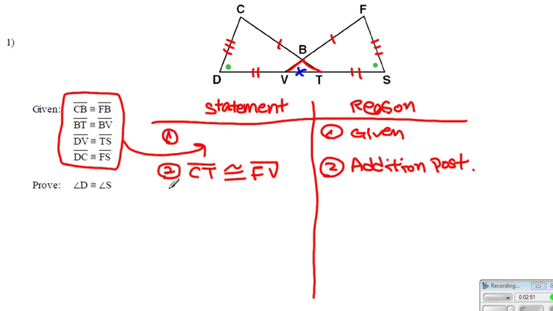Alright, now, so we talked about one pair that's already given, a second pair which we added up together. You see the blue VT. You will realize that VT has to be always stated because it was mentioned. VT has to be congruent to VT by reflexive property.